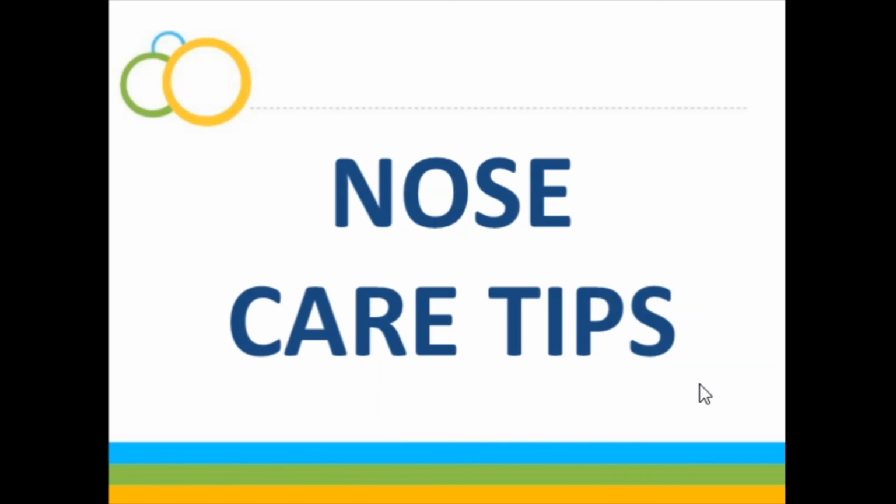Okay, very good. Now, let's move on to the nose care tips. How do we take care of our nose? If for ears we had around 5 care tips, let's also have nose care tips.